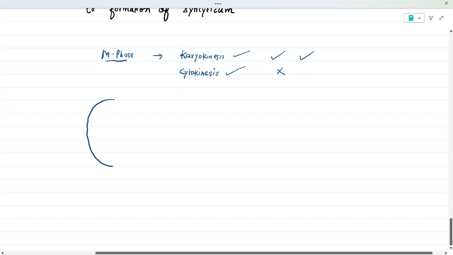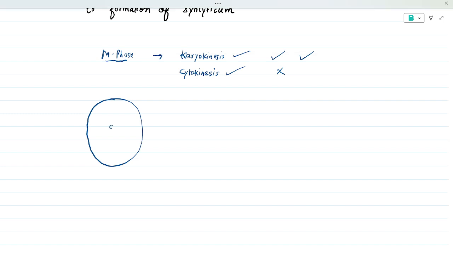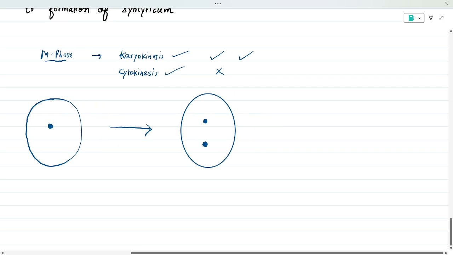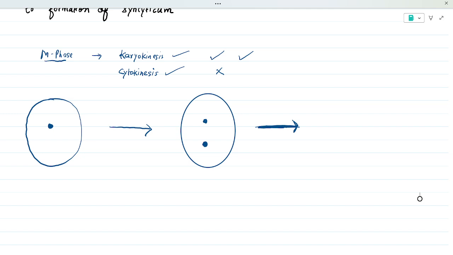It means if there is one cell which is initially having only one nucleus, later on after karyokinesis completion there are two nuclei. So what should be the next step here? Cytokinesis should occur here, but cytokinesis is not occurring here. As a result, again karyokinesis occurs, repeated karyokinesis occurs.